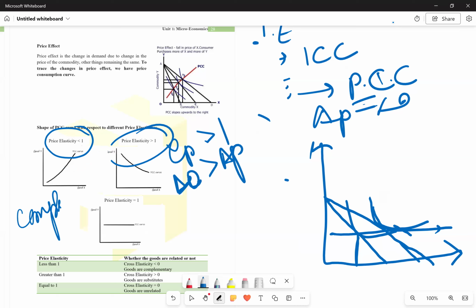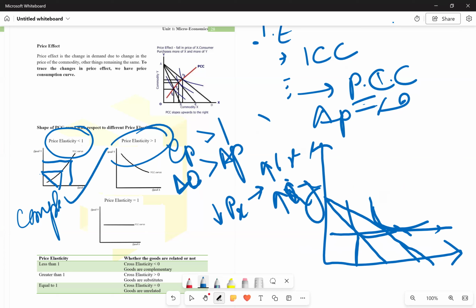Because when price of X was falling, logically you should have just increased the consumption of X. But you are increasing the consumption of both X and Y due to change in price of X, right? So a fall in price of X is leading to a rise in quantity of X and also a rise in quantity of Y.